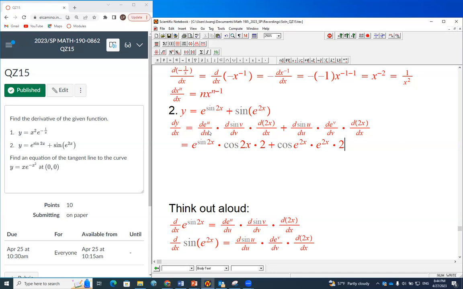Okay, do you need to mark what is u, what is v in each case? You don't need to, because the reader can tell from the comparison, right? E to the power of sine 2x here. So the reader can tell u is sine 2x, and v is 2x, right?